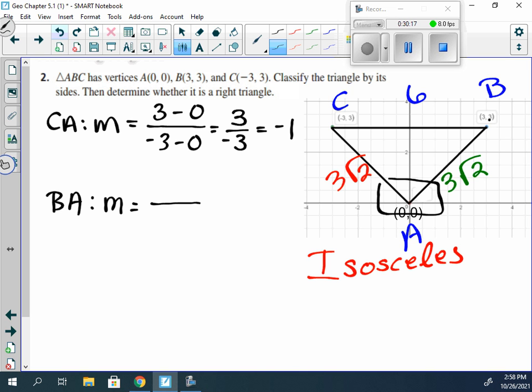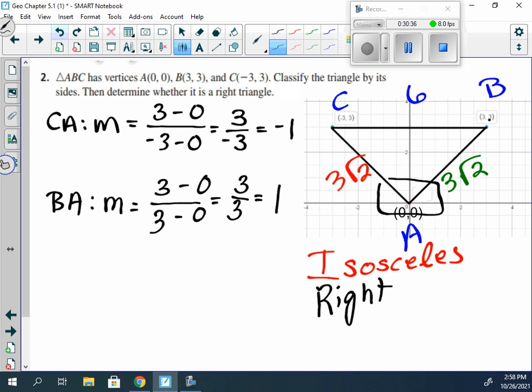So from B to A, 3 minus 0 over 3 minus 0 gives 1. So it's an isosceles right triangle.